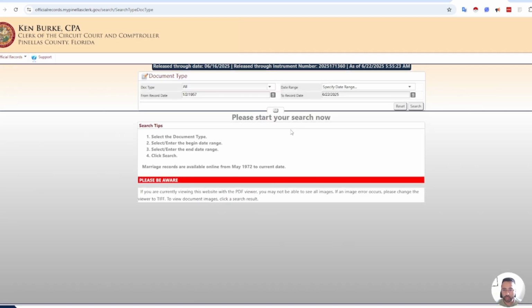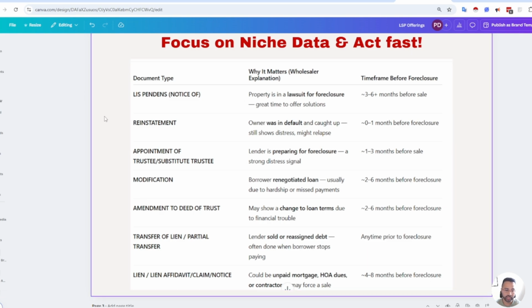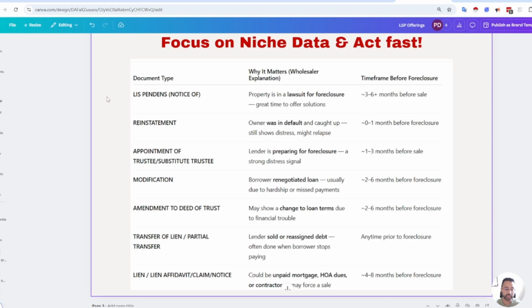But anyways, going back here, my suggestion would be to look at the historical events that took place before a property went into foreclosure. Why? Because if you're looking for future deals, a lot of times the same actions take place beforehand, right?